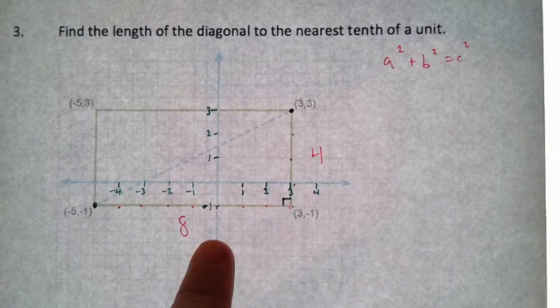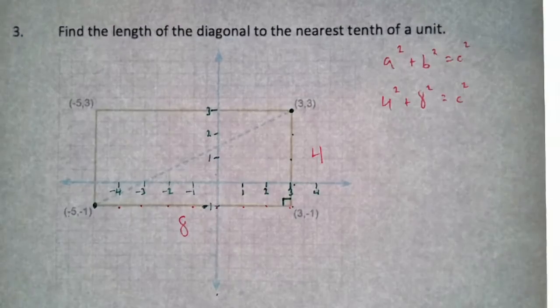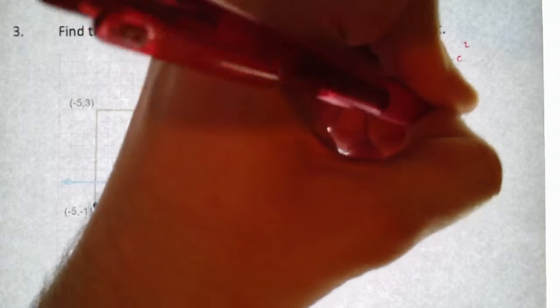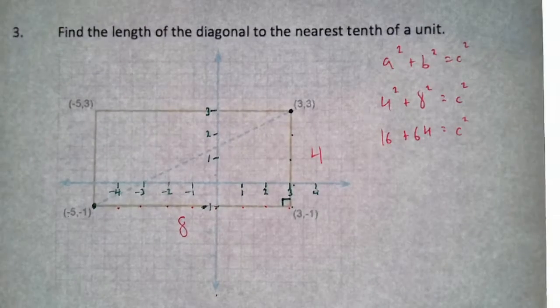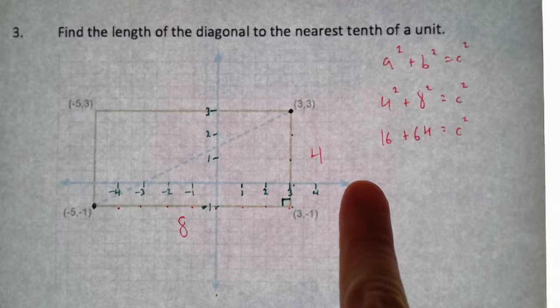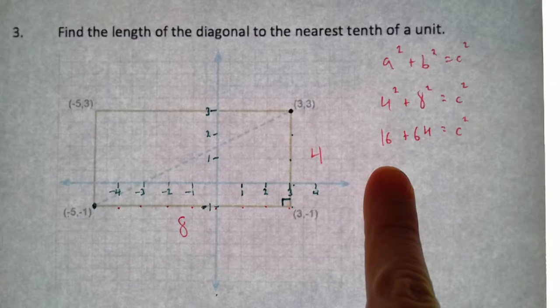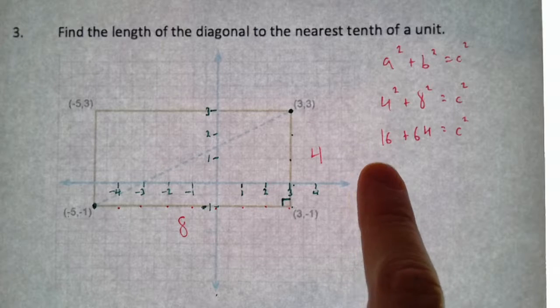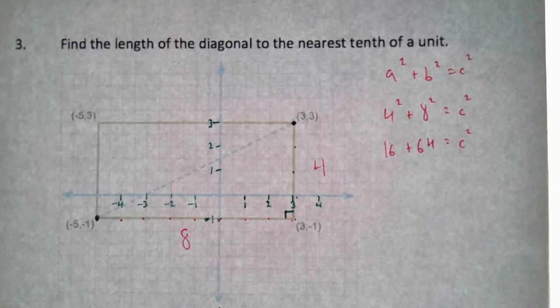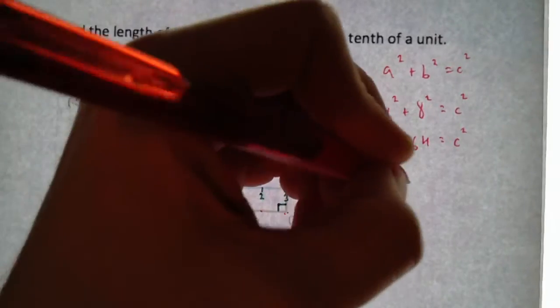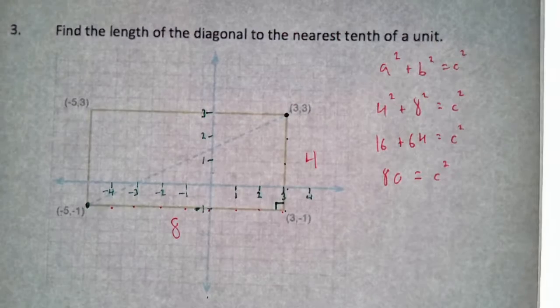And in this case, my a and b are 4 and 8. 4 squared plus 8 squared equals c squared. 4 squared is 16, 8 squared is 64, c squared is still just c squared. 16 and 64 is 70. Is it just straight up 80? Yeah, it is. So this is just 80 is equal to c squared.